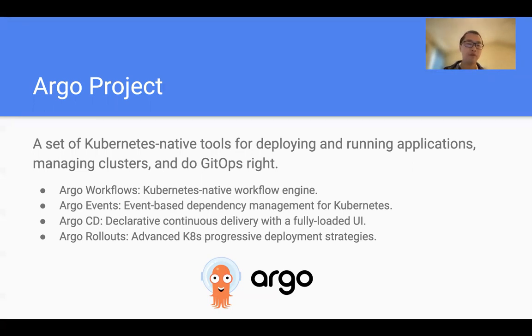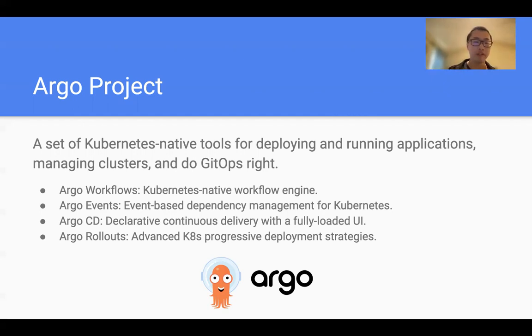So there are 4 core projects under Argo. The first project is Argo Workflows. It's the Kubernetes native workflow engine. And then Argo Events is the event-based dependency management for Kubernetes.